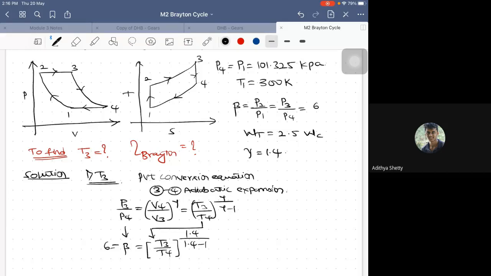Can you find it with the PVT conversion equation there? No, sir. Then how do I find this? What's the next option?